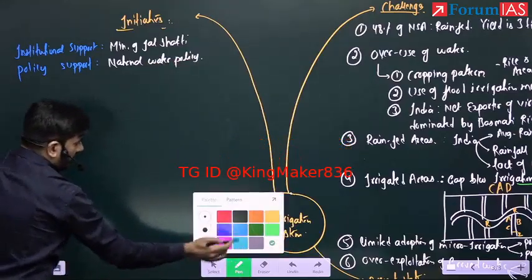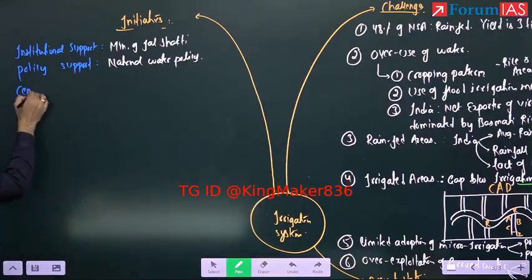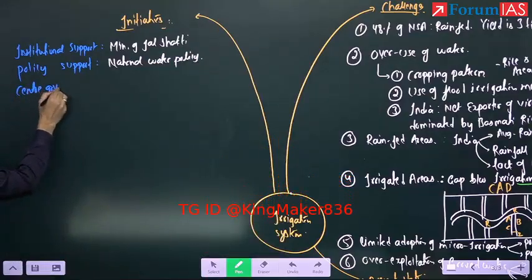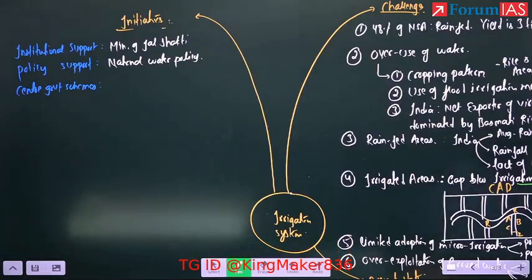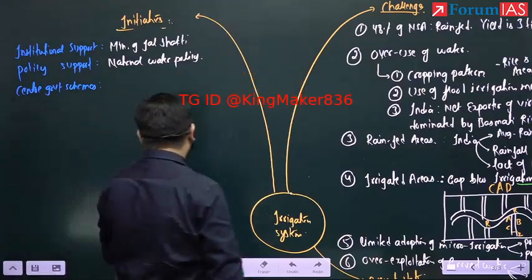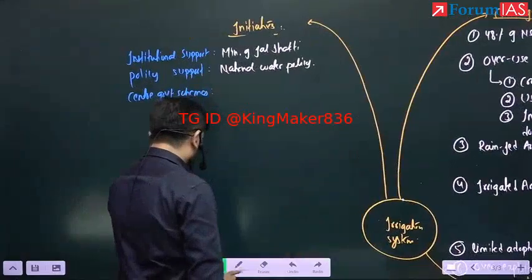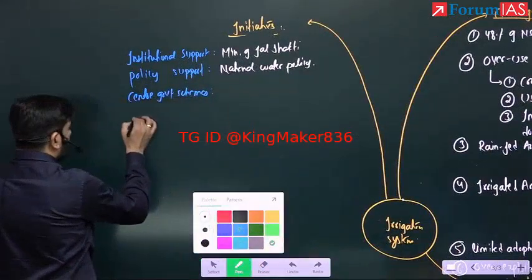Apart from that, you have a number of central government schemes formulated by the central government. Yes, you tell me which is the most important scheme. Per drop, more crop is actually a component of some bigger scheme. What is that scheme? Pradhan Mantri Krishi Sinchai Yojana.